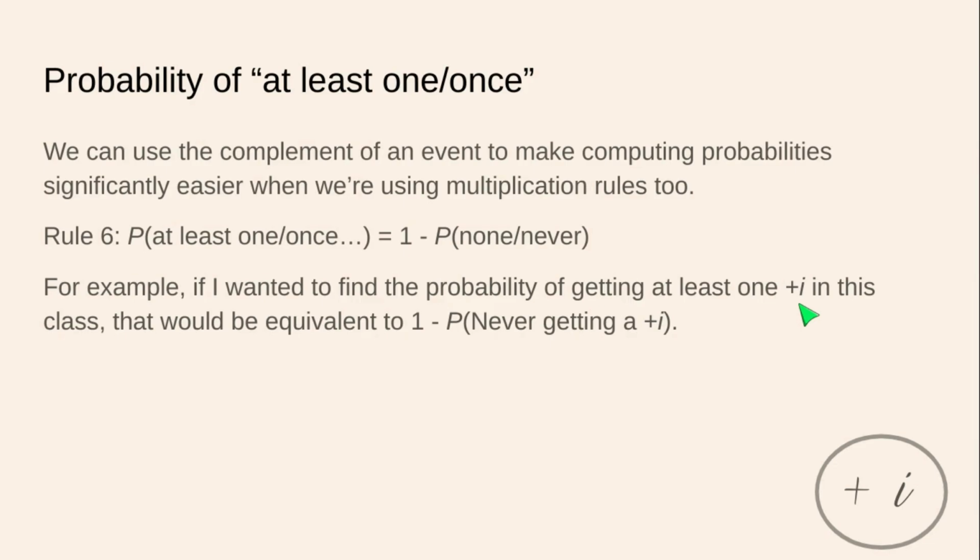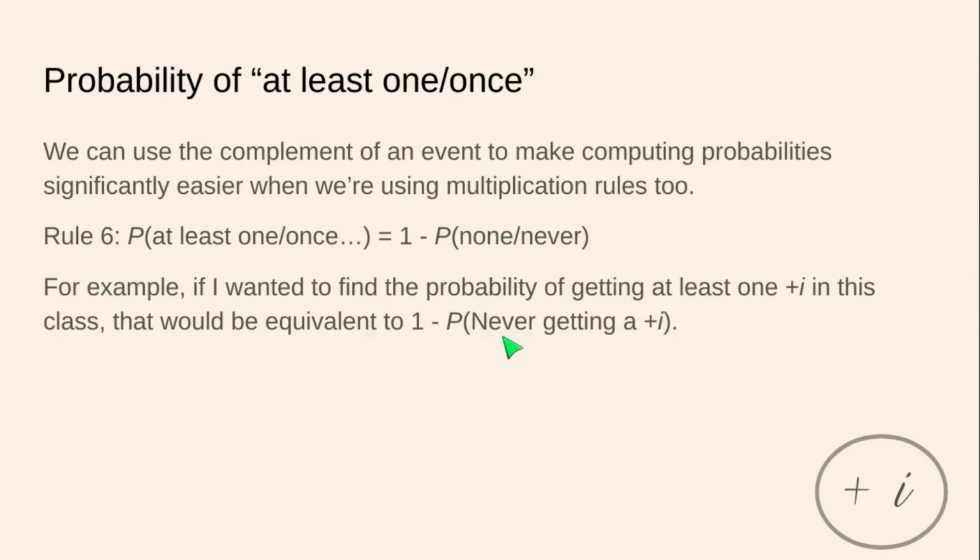So if I wanted to find the probability of getting at least 1 plus I in this class, that would be equivalent to 1 minus the probability of never getting a plus I. One of these two things is going to happen. You're going to get at least 1 plus I, or you're not going to get a plus I at all. One or the other needs to happen. So if I want to find the probability of getting at least 1 plus I, I can say 1 minus the probability that I don't.